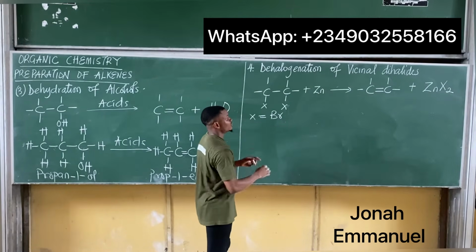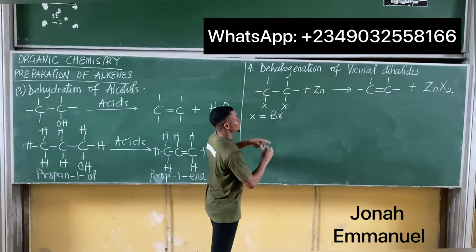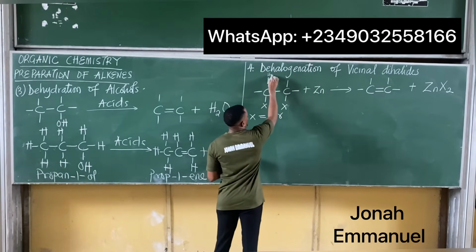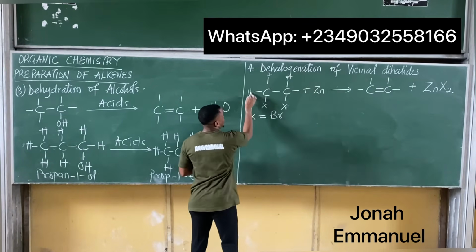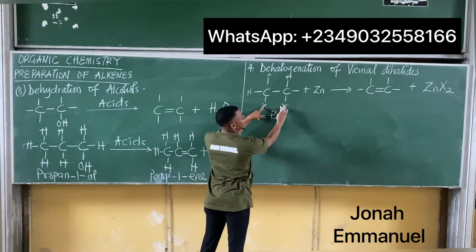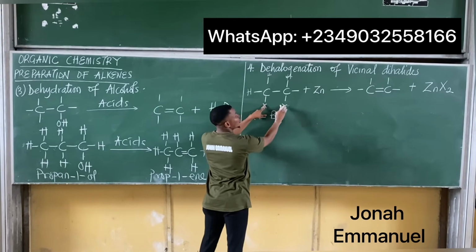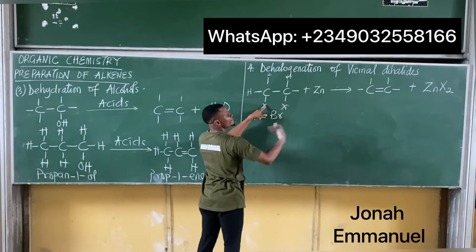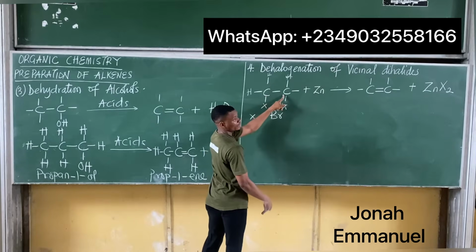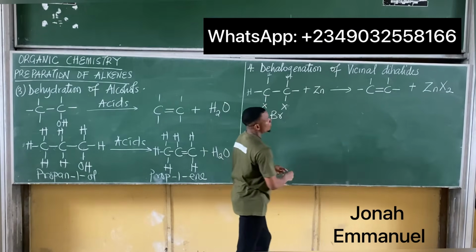If I choose to make each of these points H, I'll be having H here, H here, H here, Br here, Br. This compound is 1,2-dibromoethane. What will be here?